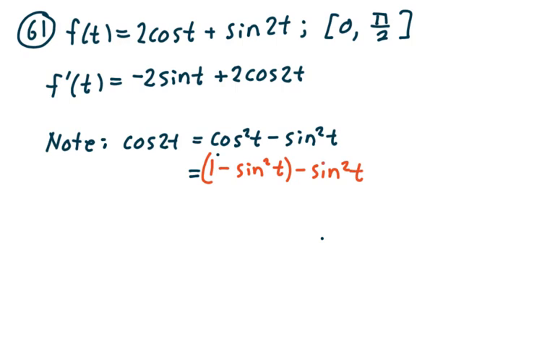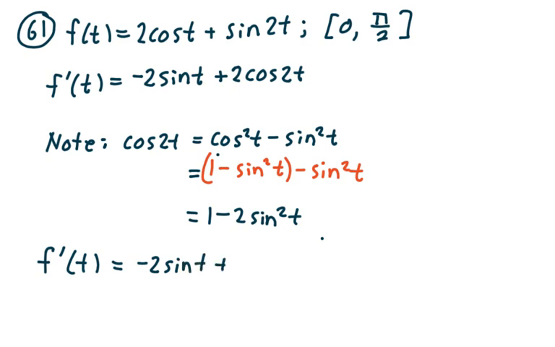Okay? And then this is equal to 1 minus 2 sine squared t. And so, therefore, f prime of t is negative 2 sine t plus 2 times 1 minus 2 sine squared t.